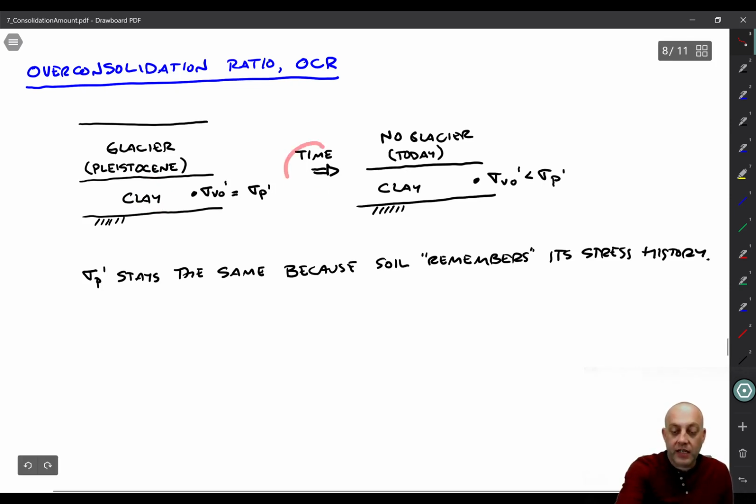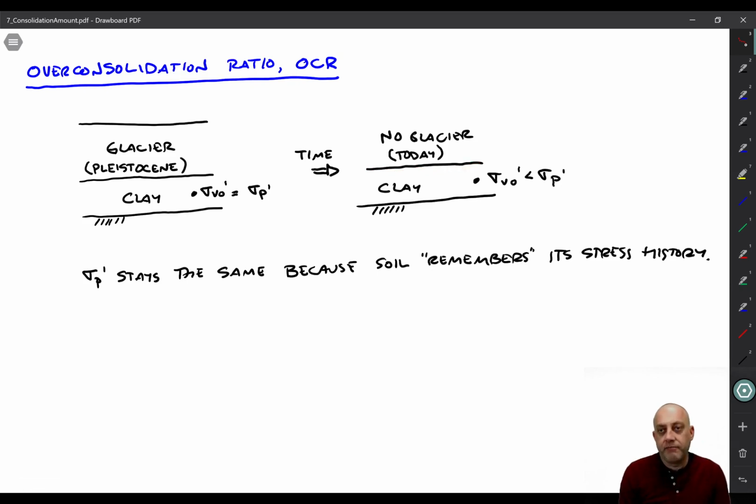And then as time goes by, glaciers retreated, we're no longer in the ice age, so maybe today there's no glacier. Large portions of the upper Midwest and Northeast United States have this condition. They were underneath glaciers, now they're not. This is called glacial till. So right now, the vertical effective stress is pretty small because that glacier is not there anymore pushing down on the clay.